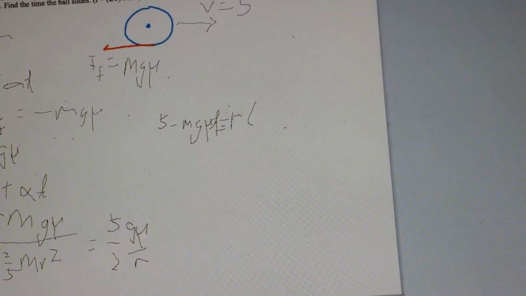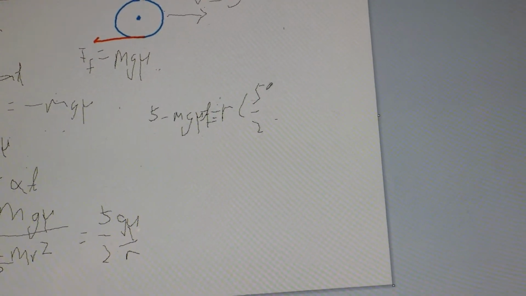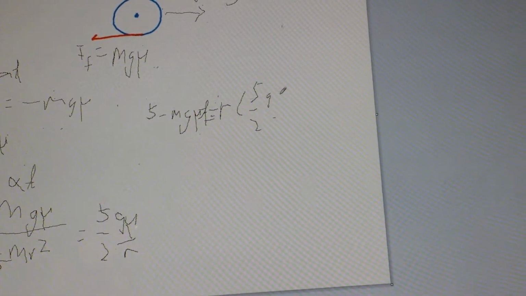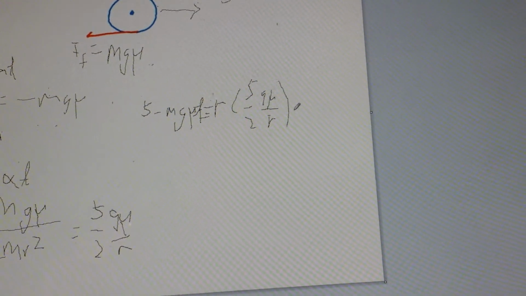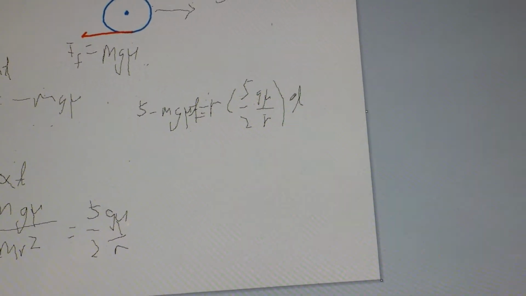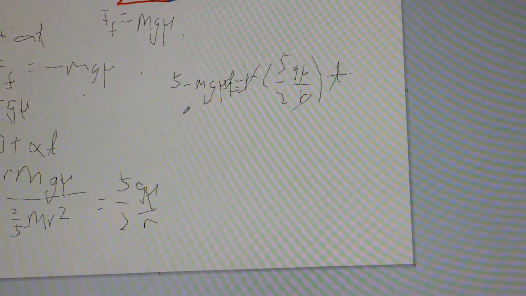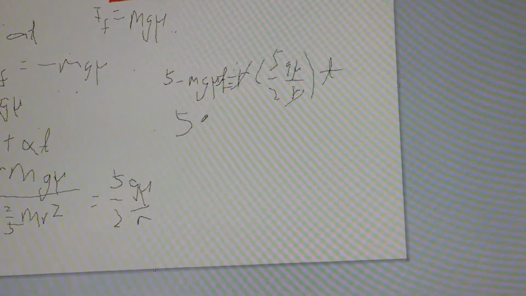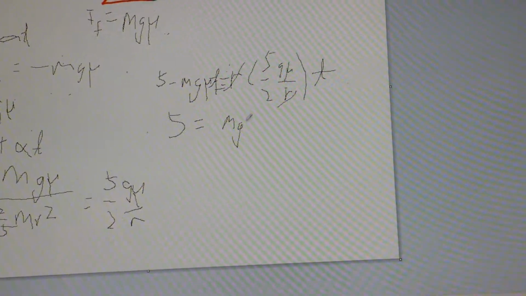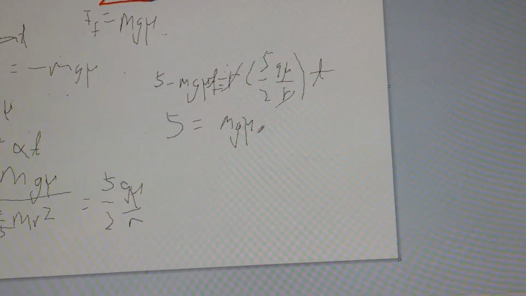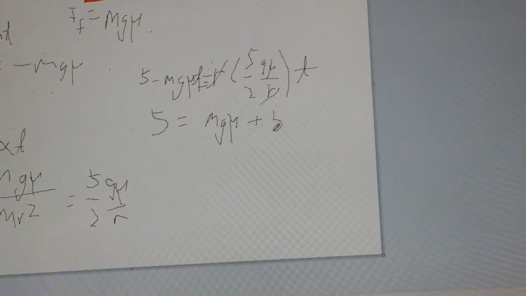Whoops, okay, so alpha is 5/2 g mu over r. And then t for time. The r here and r here cancel out. So we're left with 5 equals mg mu t plus 5/2 g mu t.